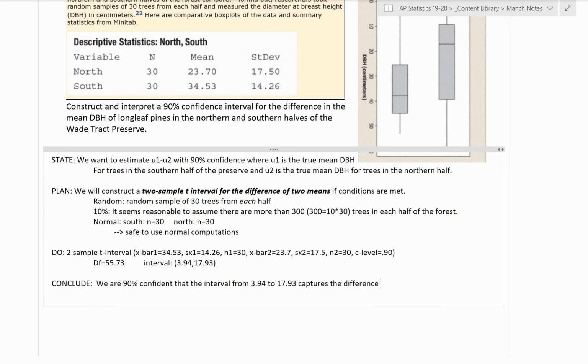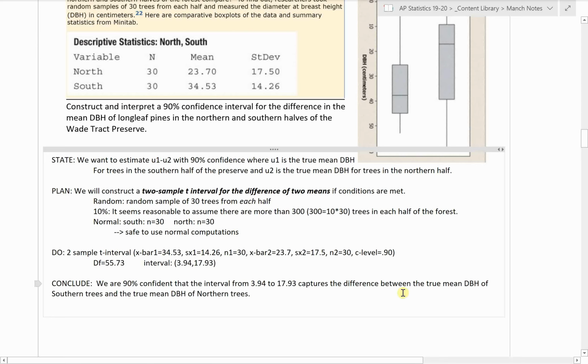So we think that that interval captures the difference between the true mean DBH of southern trees and the true mean DBH of northern trees. Right? Make sure you give clear context and clearly describe the difference that you're estimating here using the confidence interval.